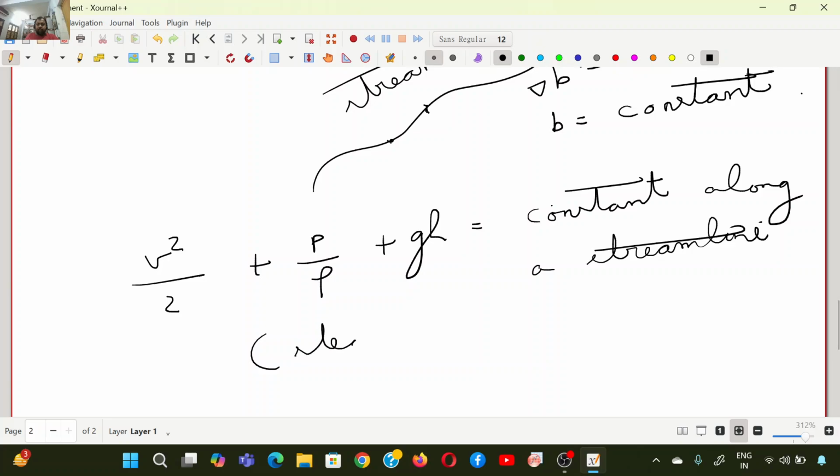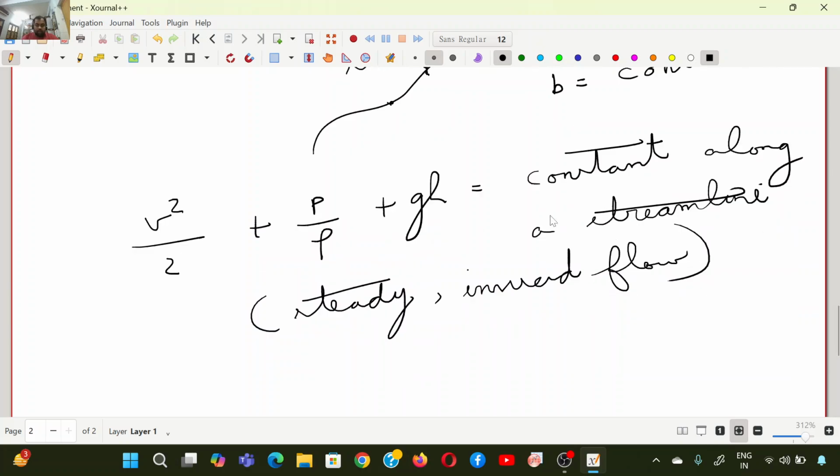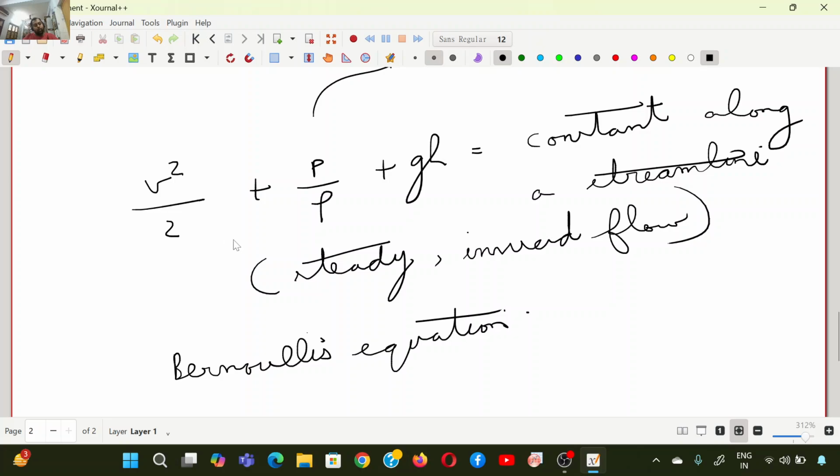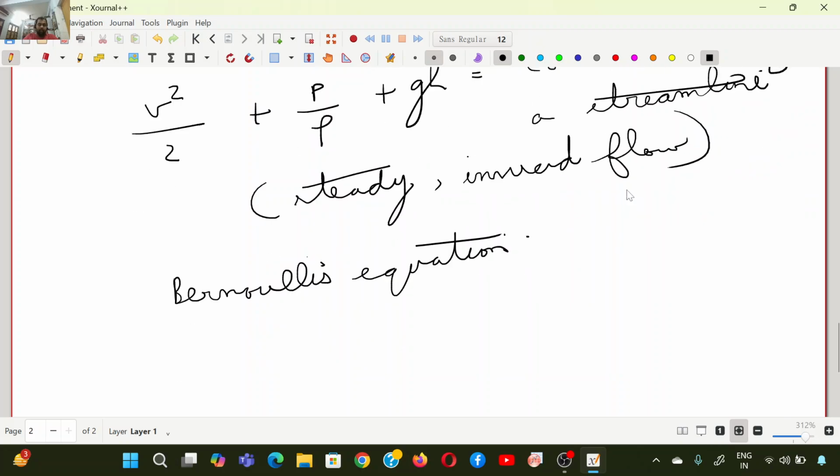The assumption being that it's a steady inviscid flow. This is the famous Bernoulli's equation: for steady inviscid flow, V square by 2 plus P by rho plus gh is equal to constant along a streamline. These three terms are the kinetic energy term, the pressure work term, and the gravitational potential energy.